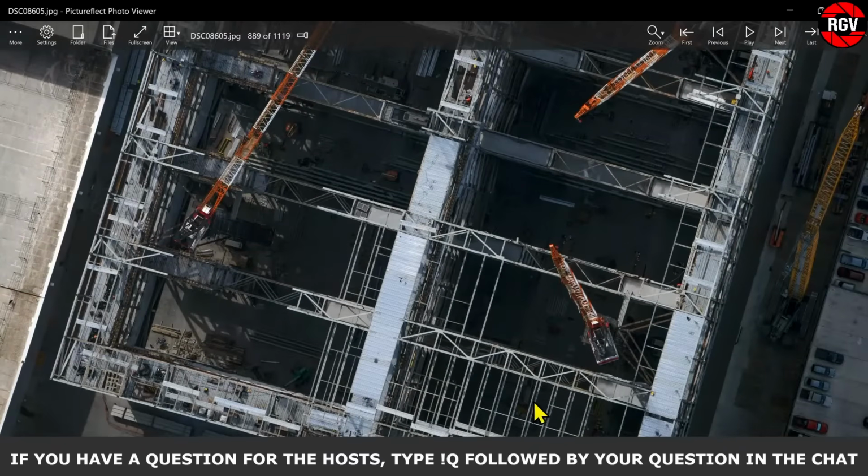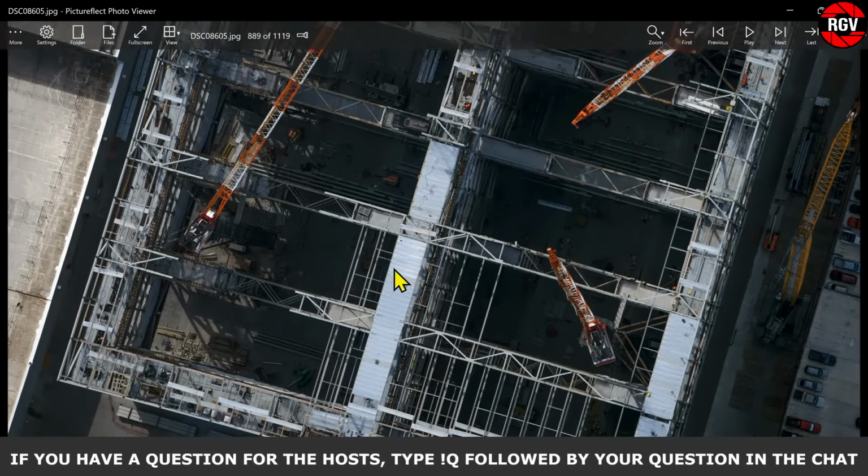So it looks like they're filling in a lot more of the floor here for the top floor. So hopefully Thursday we can see more progress as more of the trusses are going up.